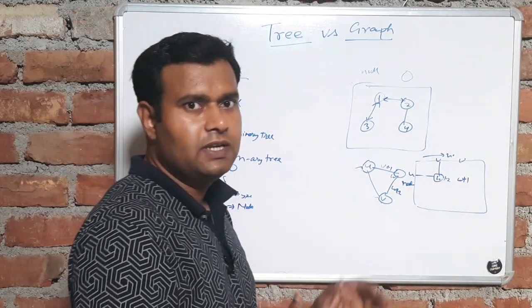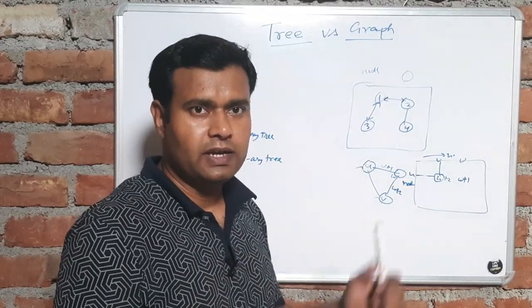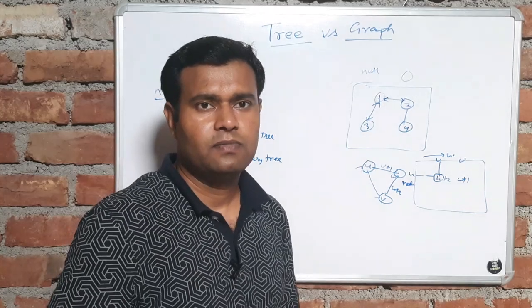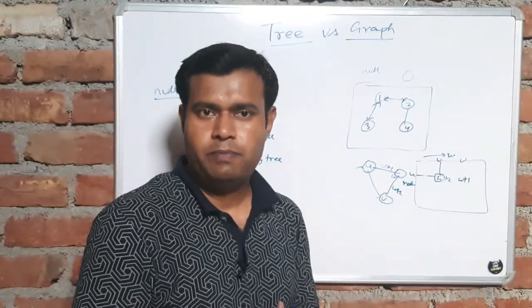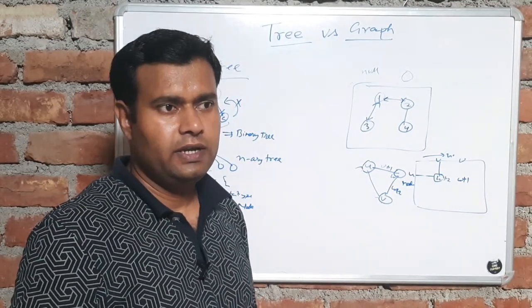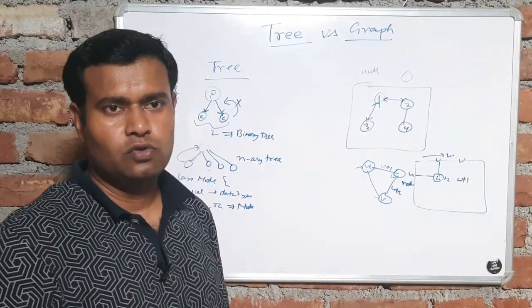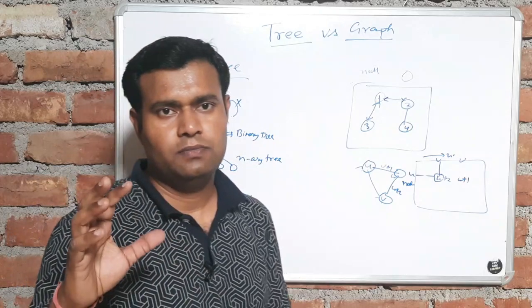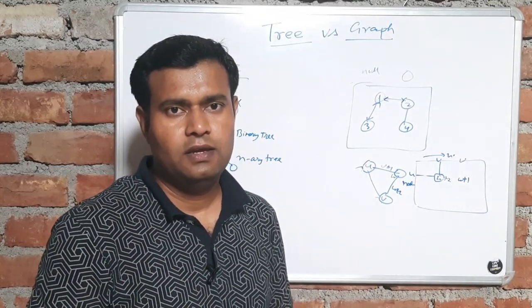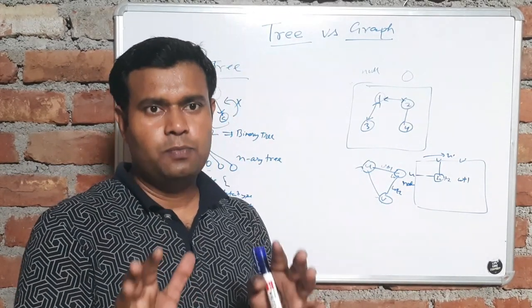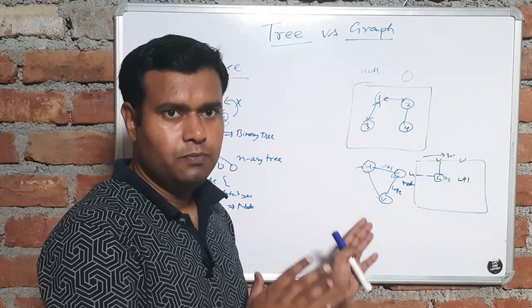We can represent basically real world problems in a graph. For example, there is a pipeline connection in a city. Water pipeline is going through different houses, through different water bodies. This can be represented through a graph in a computer.